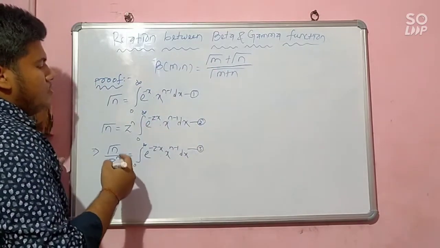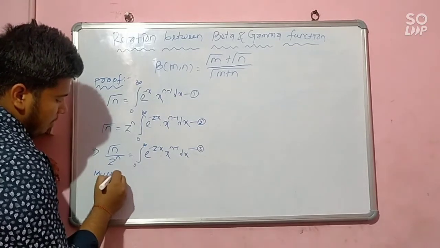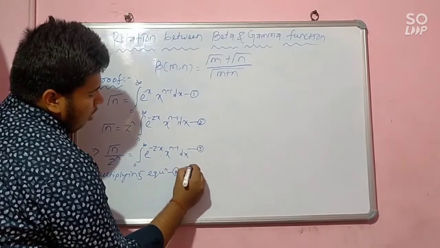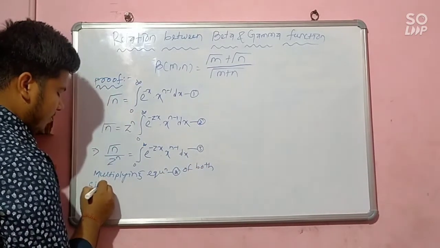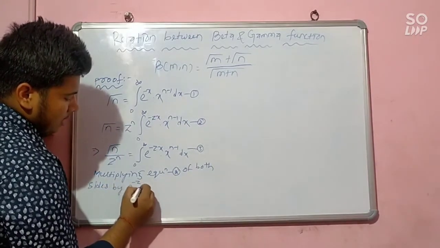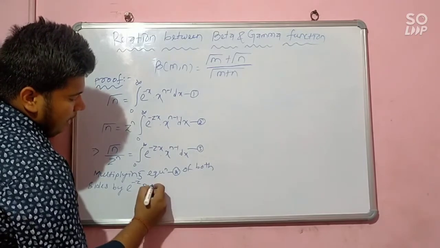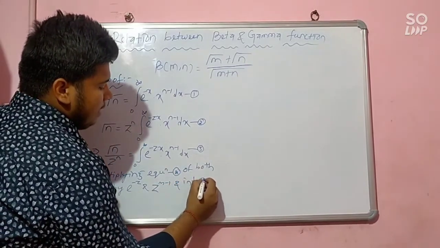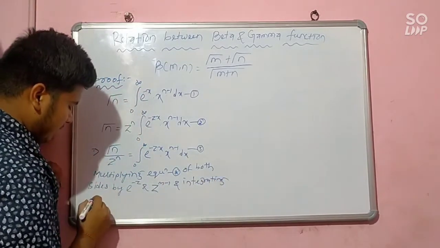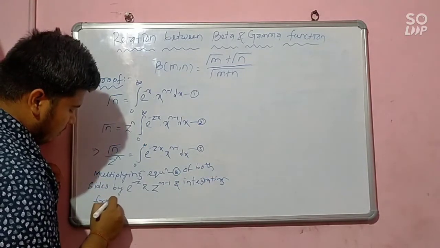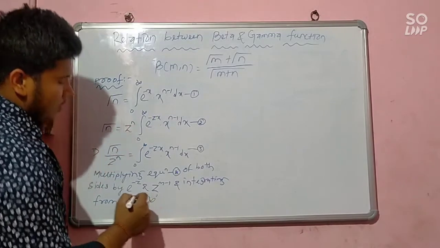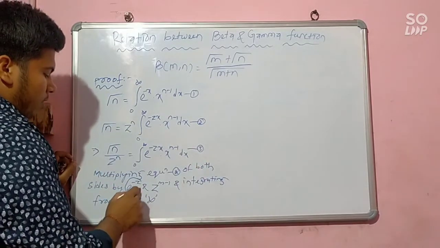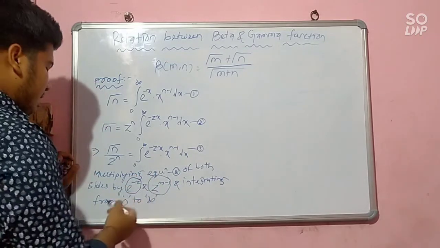To prove this relation we have to multiply both sides of equation 2 by e to the power minus z and z to the power m minus 1, and integrate both sides from 0 to infinity. So see, to prove this relation we multiply equation 2 on both sides by e to the power minus z and z to the power m minus 1 and integrate from 0 to infinity.